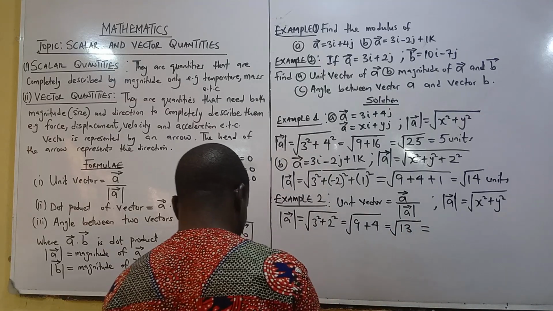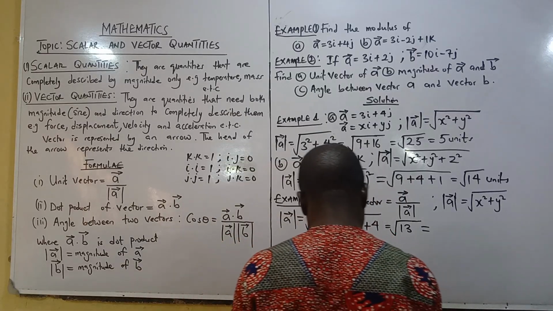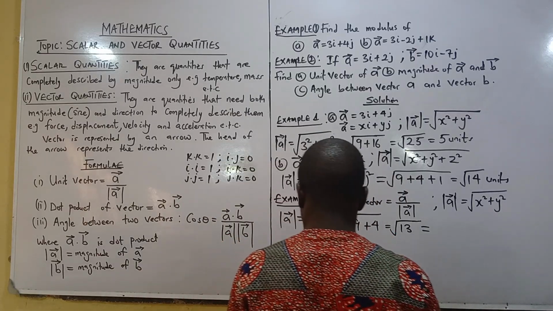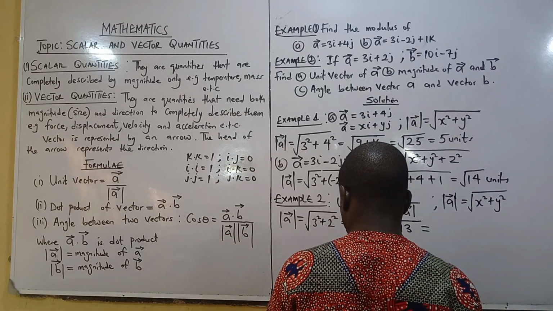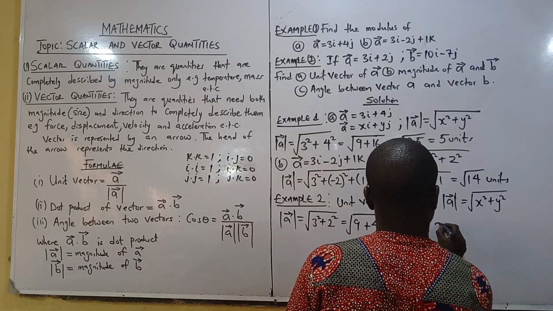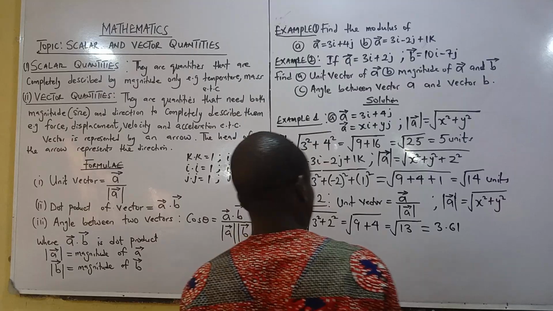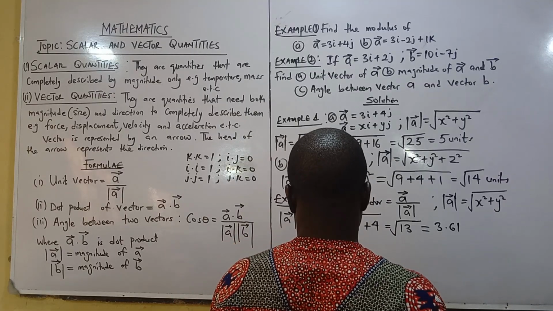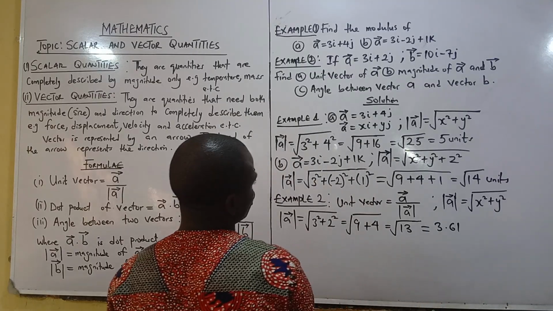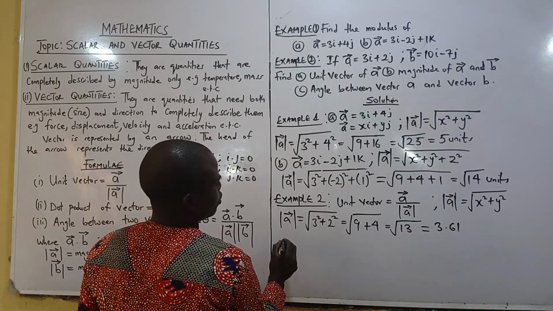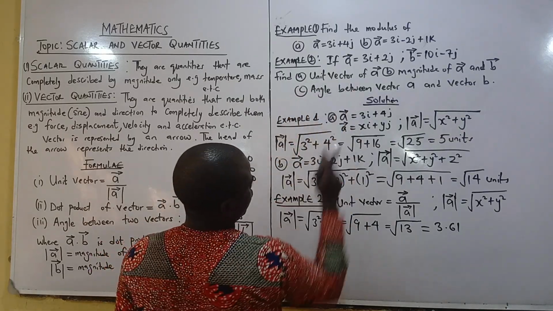What's square root of 13? You have it to be 3.61. Okay, 3.61.